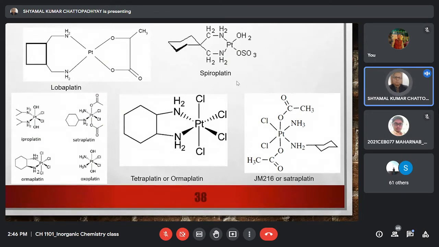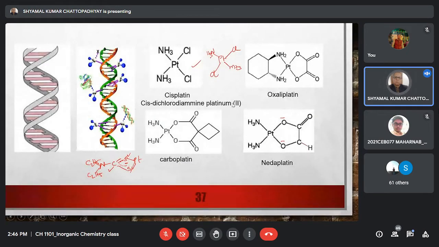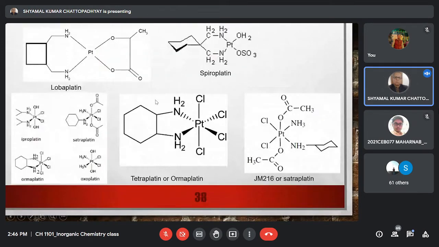Next we go to the next level where instead of platinum 2 compounds that we have used for these 6 complexes, people are now thinking of using platinum 4 complexes. What is the advantage of platinum 4 complexes, or why were people investigating them?